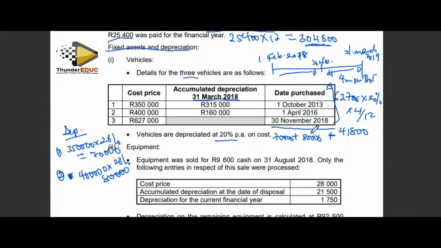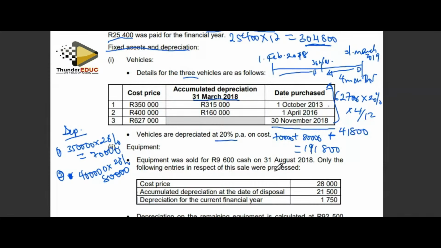It is 70, not 7. So we get the 70,000. Then we add on the 80,000. Then we add on the 41,800. So the total depreciation regarding vehicles is 191,800.